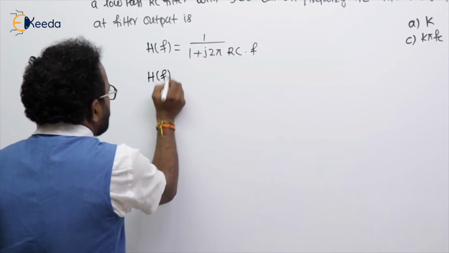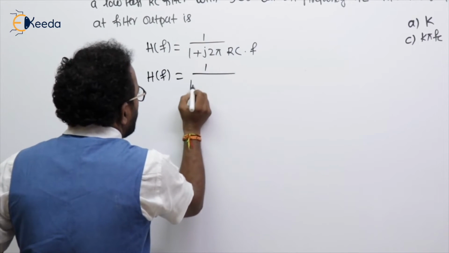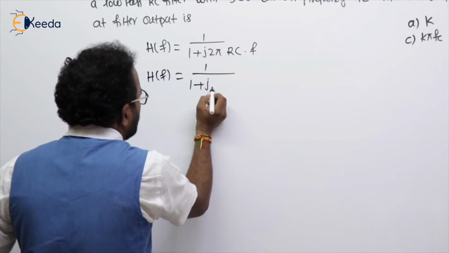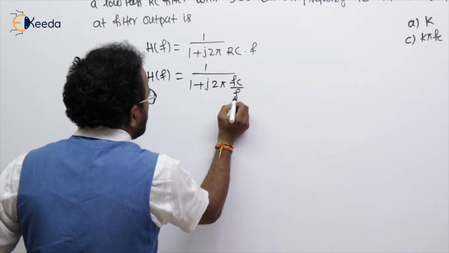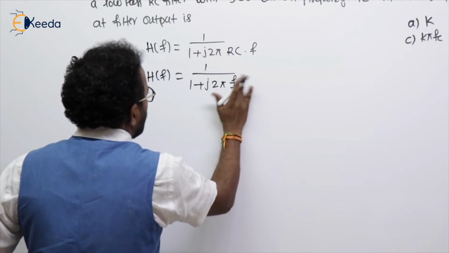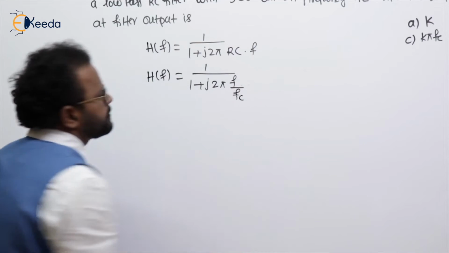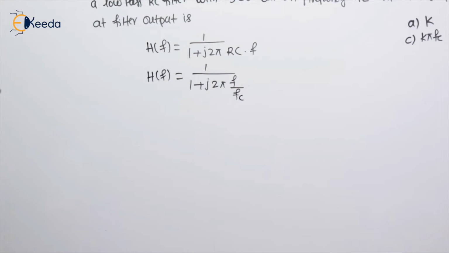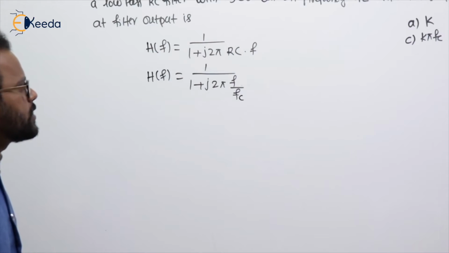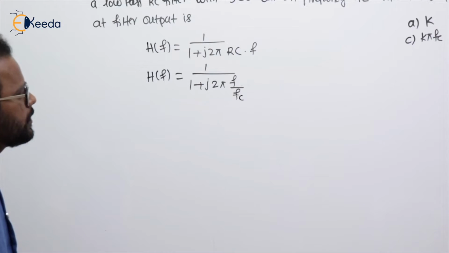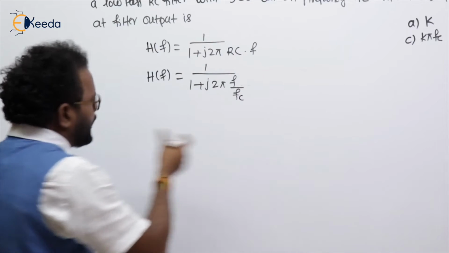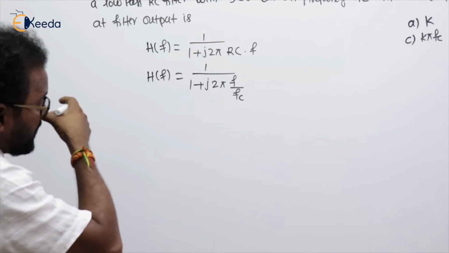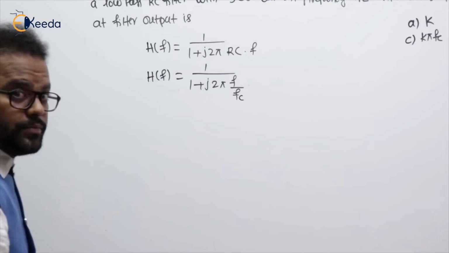So the H of F value is nothing but 1 divided by 1 plus j 2 pi into, I can say, F by FC. Are you getting it? Because the cutoff frequency FC is 1 by RC, so I have written it like that. Then calculate the magnitude response.